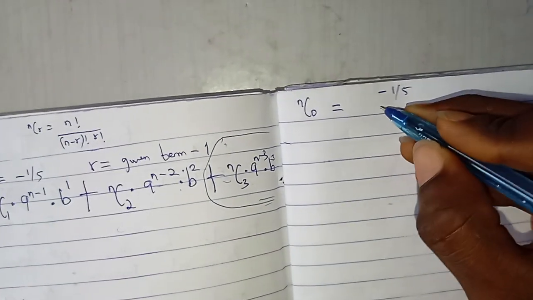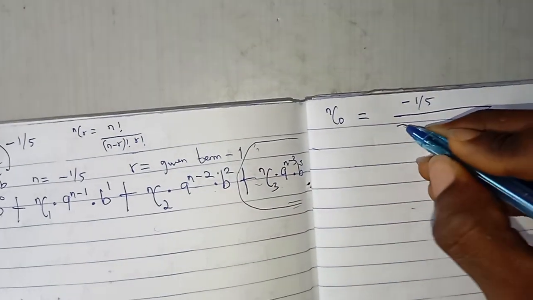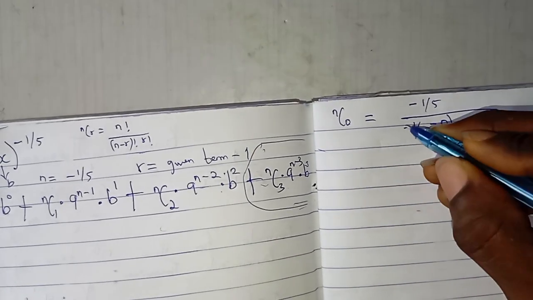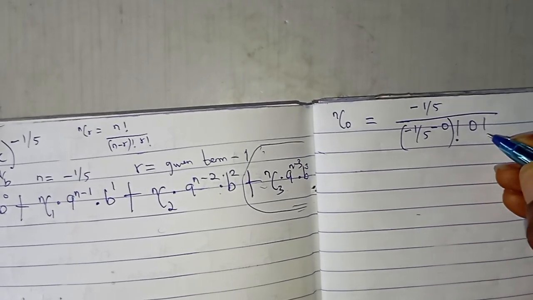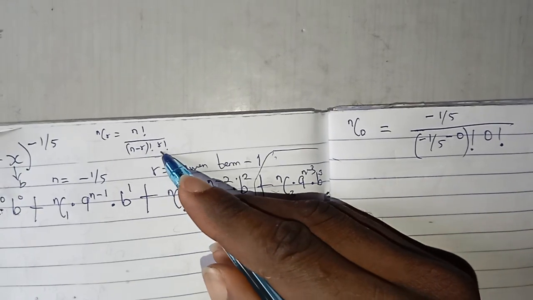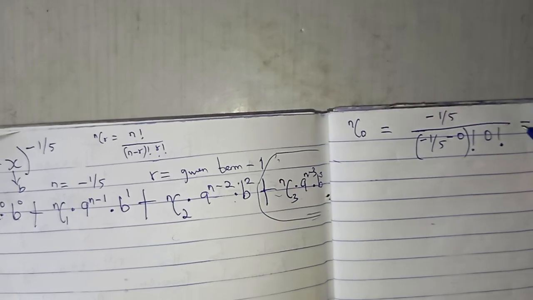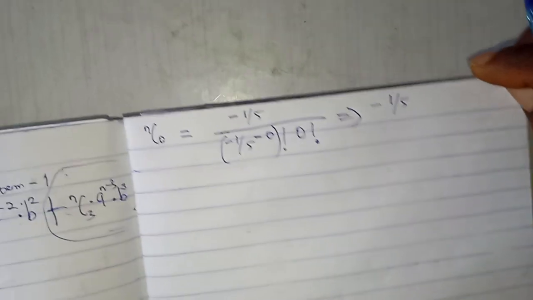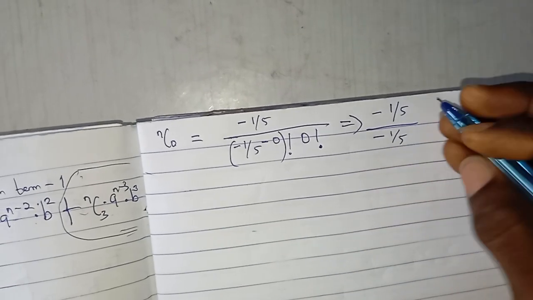All over, using this formula, it will be minus 1 over 5 minus r, where r is 0, factorial, then 0 factorial. Anything minus 0 is that thing, so minus 1 over 5 minus 0 is simply minus 1 over 5.